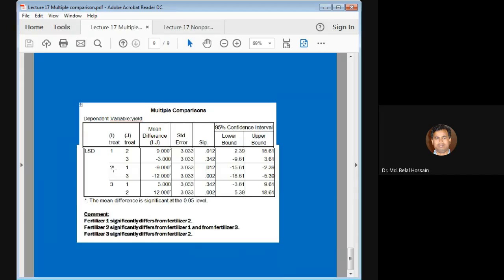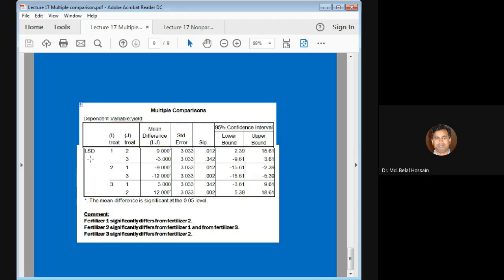Okay, so that is our goal in LSD, that we now know that fertilizer 1 significantly different from 2, fertilizer 2 significantly different from 1, and from 3, fertilizer 3 significantly different from 2, that is said earlier. So we got this calculation that 1 and 2 are significantly different, 1 and 3 are not, 2 and 3 are significantly different. Okay, so this is the findings of multiple comparisons.